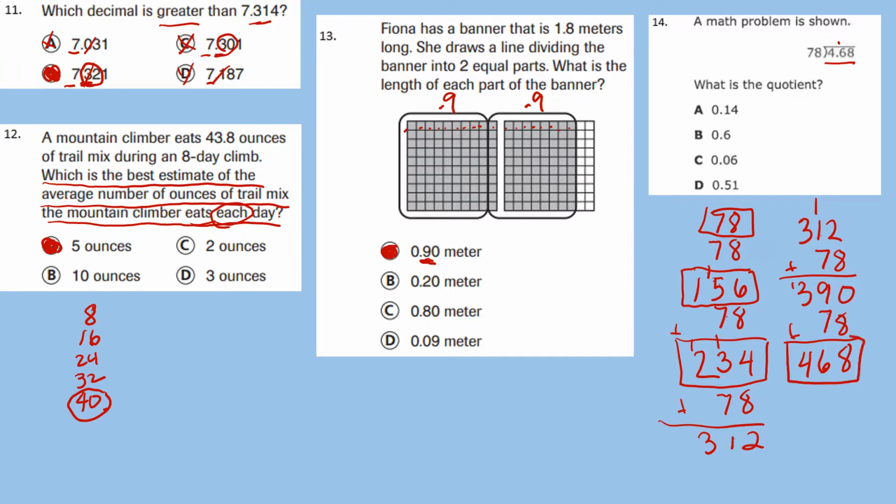So there's one group, two groups, three groups, four groups, five groups, six groups. So the answer is 6 groups. 6/10 is the answer, B.